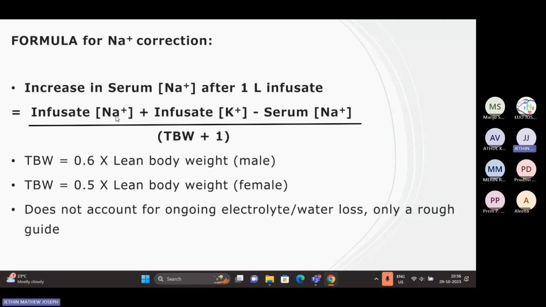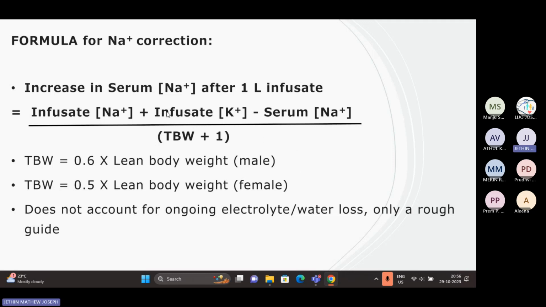If you know the sodium concentration in the infused fluid, say it is 3% hypertonic saline or isotonic saline, whatever fluid you're using, and if there is any potassium in the fluid you're administering, you have to add that and subtract the patient's serum sodium concentration from that and divide it by total body water plus 1. So this will give you the increase in serum sodium concentration if you administer 1 liter of your fluid of choice.